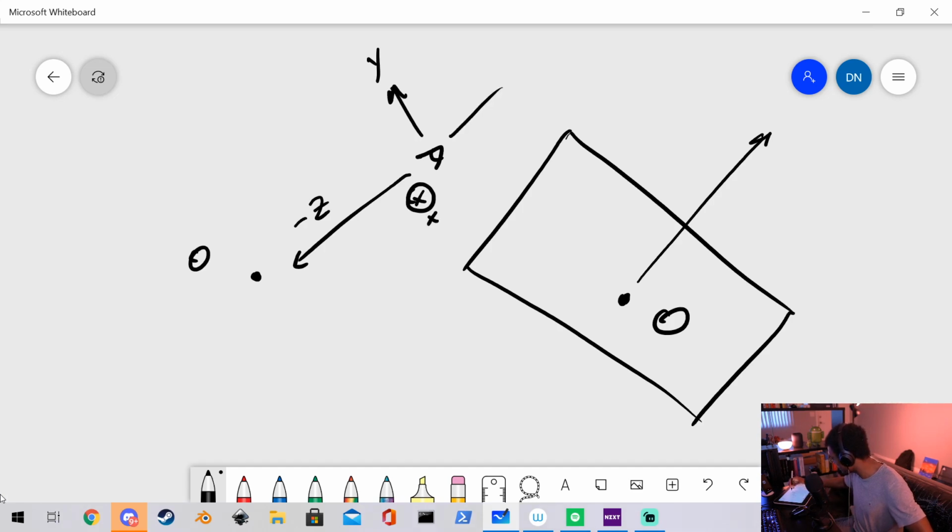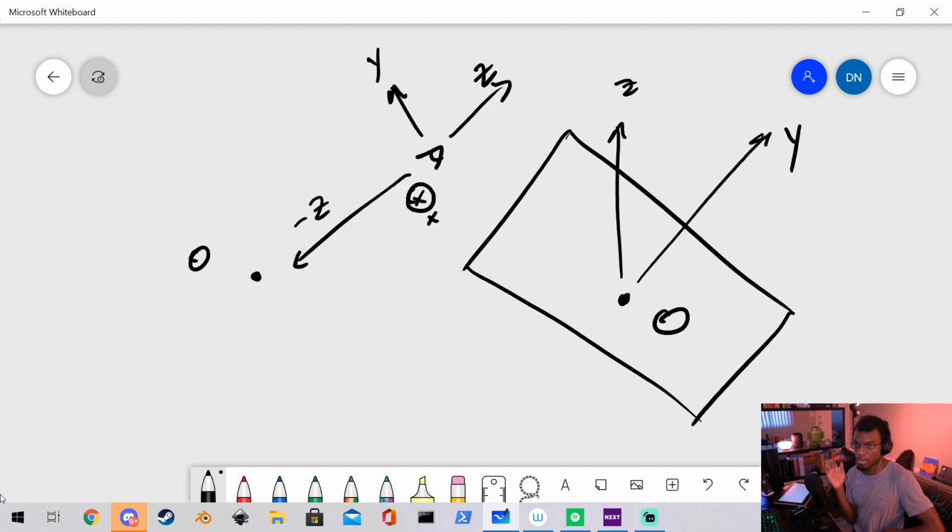This is the positive Z direction. Okay, so yeah, that's the Y. And here is the Z-axis. So I need to rotate the camera so that its Y vector is aligned with the Z-axis.